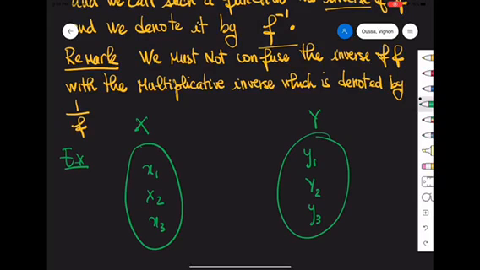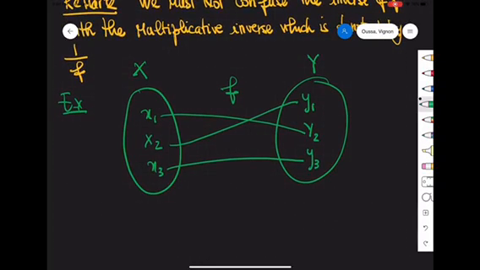So let's map x1 to y2, x2 to y1, and then x3 to y3. Notice that this function is injective, it's one-to-one. It's also surjective because the codomain and the range of the function are exactly the same.